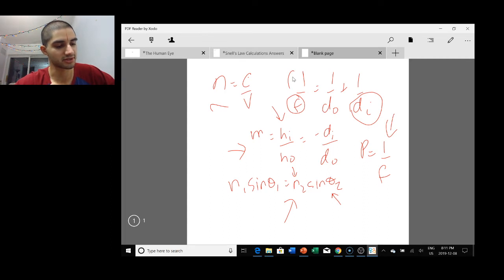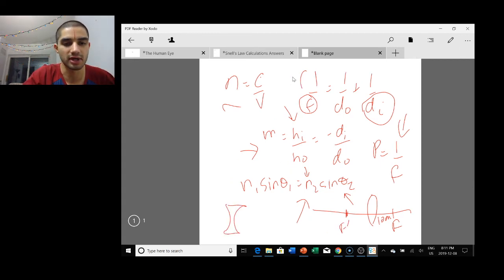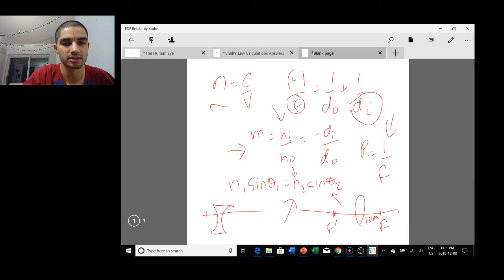Does anybody else have any other questions? Don't worry about the primary and secondary focus, or F prime. That's just basically the equivalent of a focal length on the other side of the lens. So if this is the primary focus for a convex lens, and that's at 10 centimeters, the secondary focus is at negative 10 centimeters, F prime. For a concave lens, the primary focus will be on this side, and the secondary focus will be on this side, because the primary focus is where light appears to diverge from.